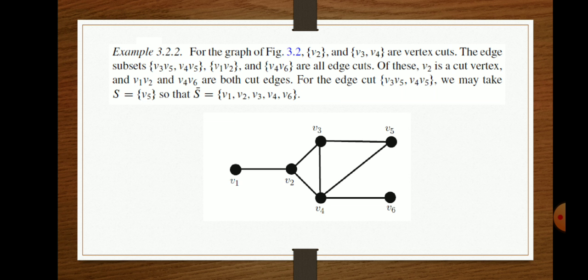So these are all the cut edges of the given graph G. Here we may take S equal to V5 and S complement equal to the set of V1, V2, V3, V4, V6 for the edge cut V3 V5, V4 V5.